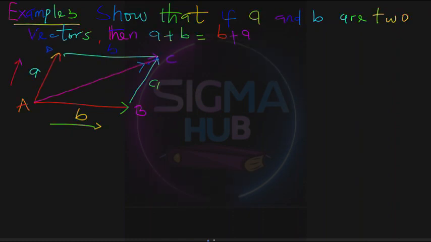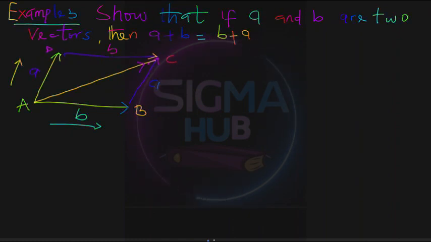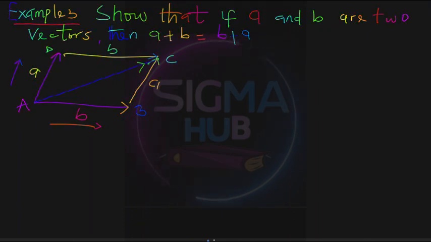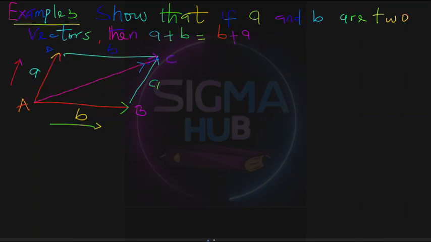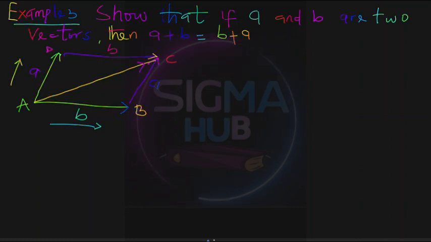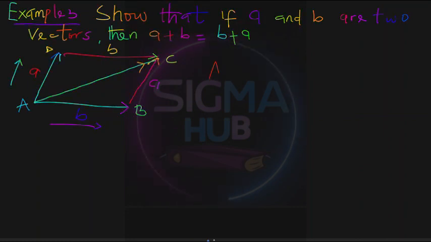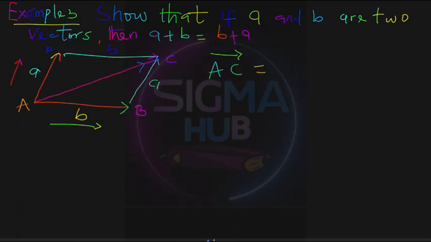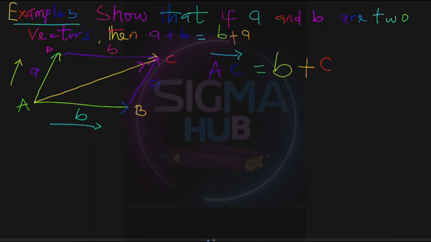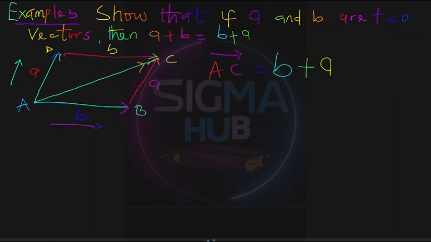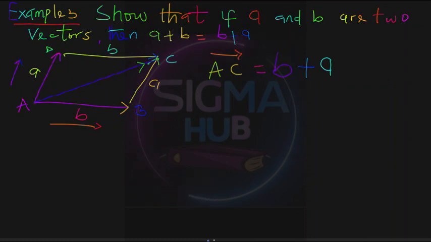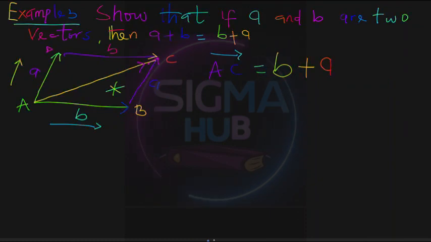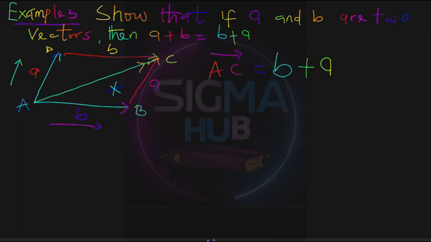Our A plus B is the same thing as saying AC, which is equal to B plus A. If I want to move from A to C using this side of the triangle, we have two triangles now forming the parallelogram.